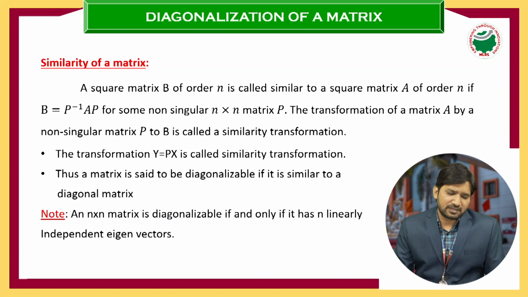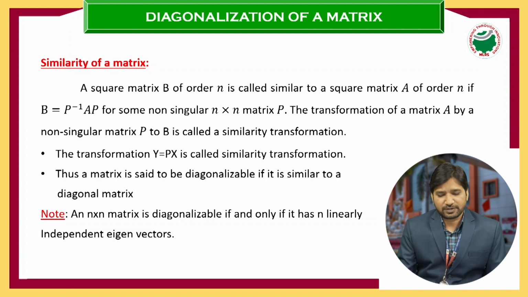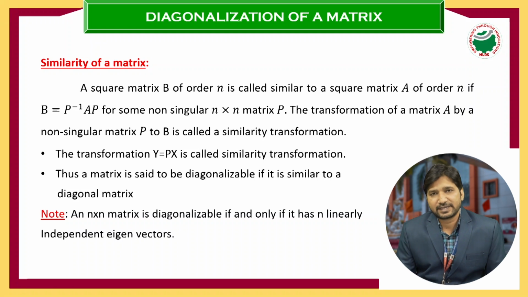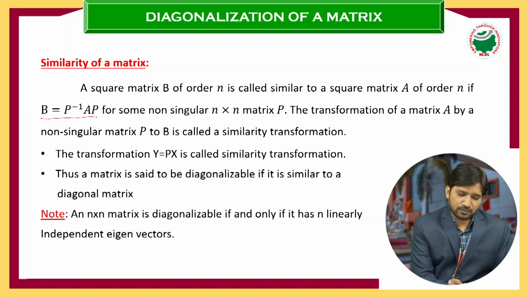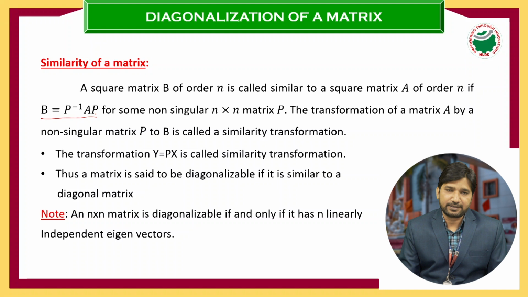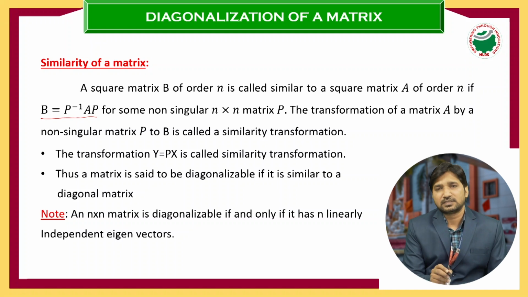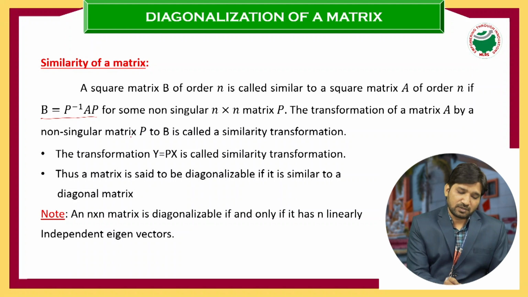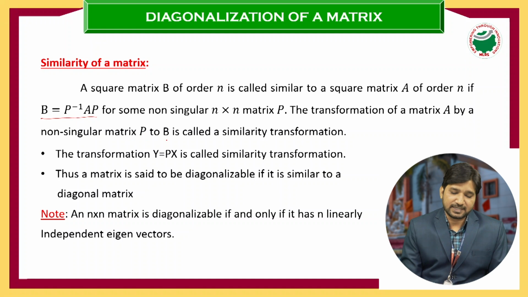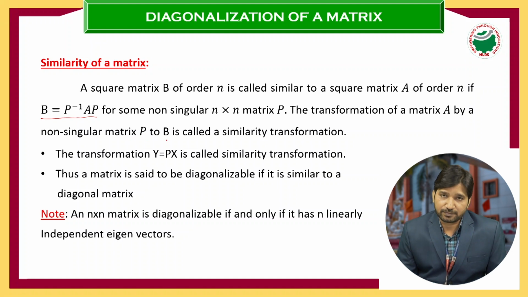The next definition is similarity of a matrix. A square matrix B of order n is called similar to a square matrix A of order n if B equals P inverse AP for some non-singular n by n matrix P. The transformation of a matrix A by a non-singular matrix P to B is called a similarity transformation.